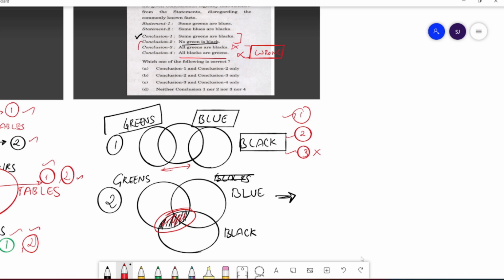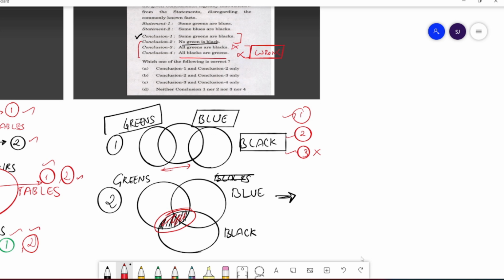So three statements are now removed. Now there is only one statement, some greens are black. From the first diagram, it cannot be said that some greens are black. But in the second diagram, we can say that some greens are black. But as I told you, in both the diagrams it should be there.